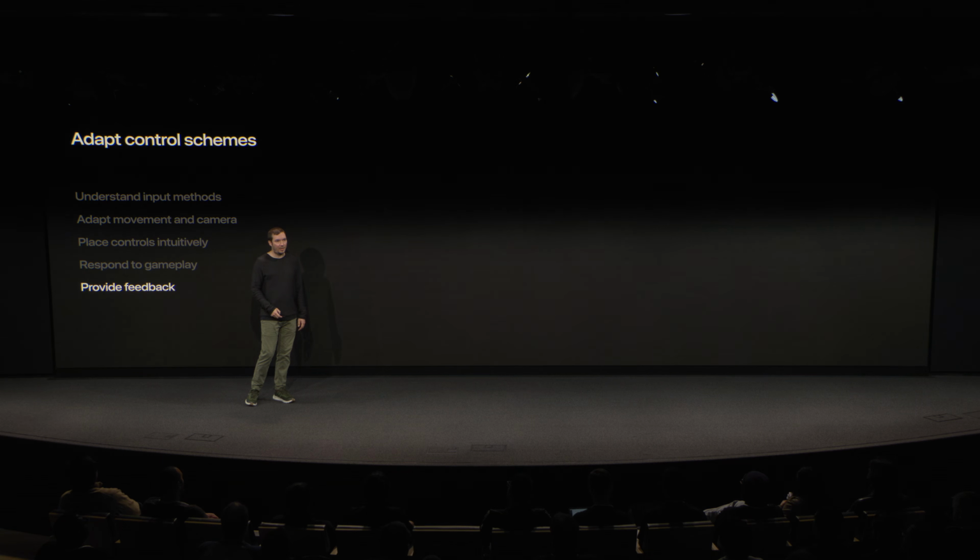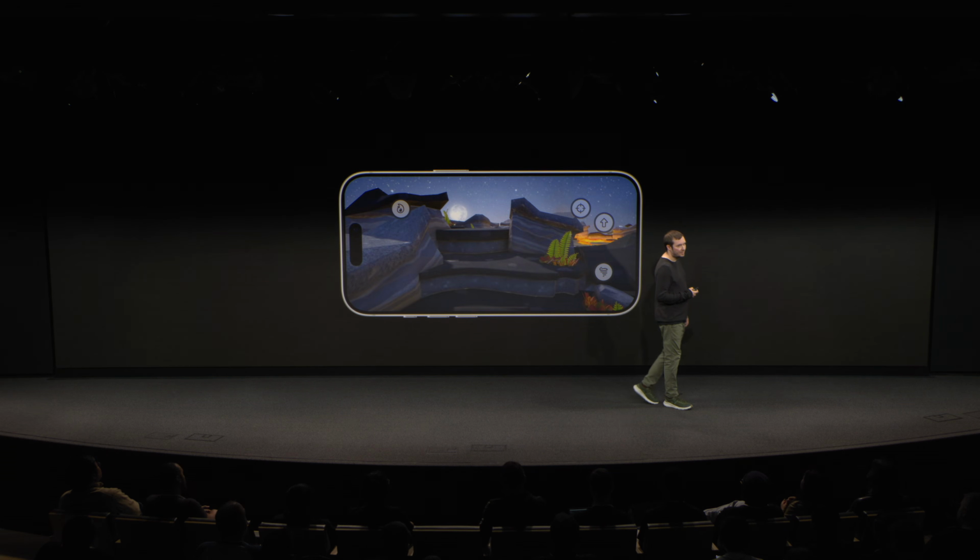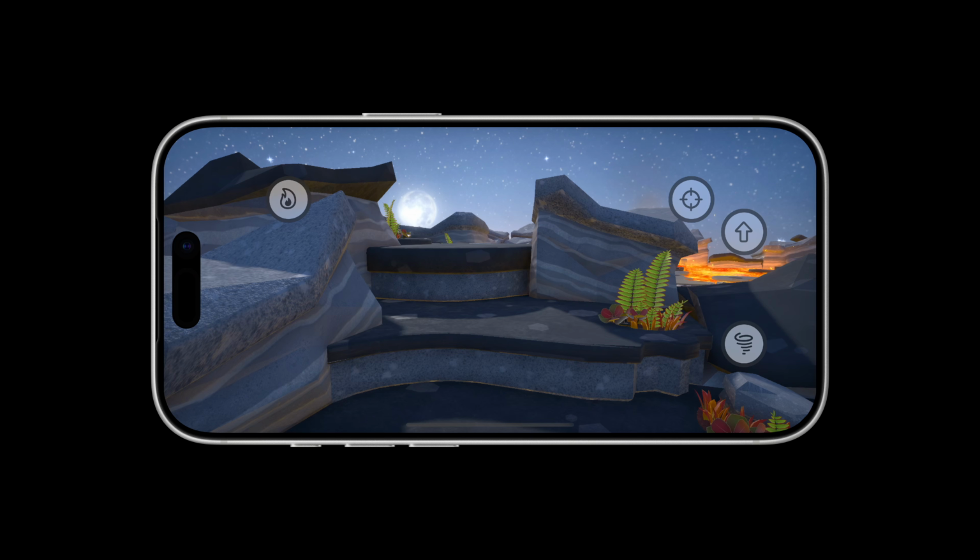At this point, I've created a great touch control scheme, but there's one final missing piece: feedback. Touchscreens don't have the tactile feedback of physical controls, so you need to provide feedback in other ways. It's extremely important that any touch control you create has a press state.